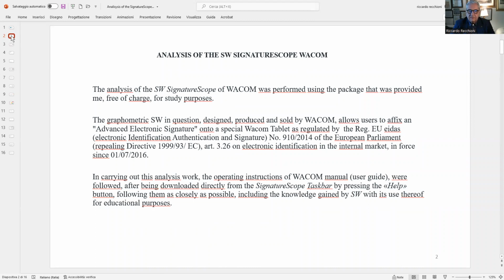In carrying out this analysis, the operating instructions of the Wacom manual and user guide were followed after being downloaded directly from the Signature Scope taskbar by pressing the Help button, following them as closely as possible, including the knowledge gained by using the software for educational purposes.